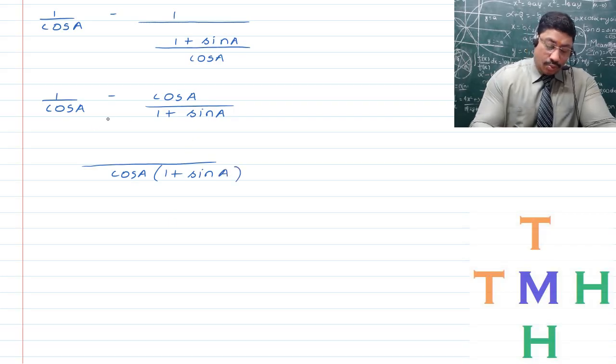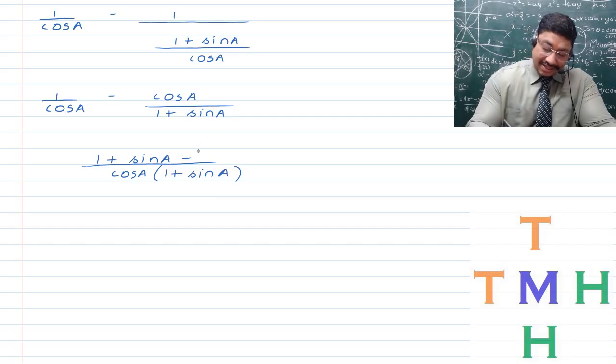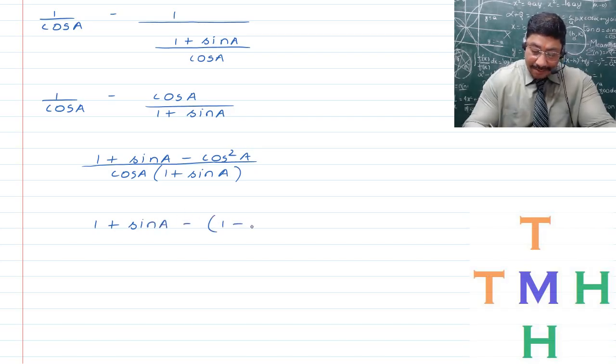And next here children, we will now have cos A dividing this LCM, which will give you 1 plus sine A. As such 1 plus sine A will come over here, and then further from it is going to be subtracted the product of cos A with cos A, as when 1 plus sine A divides this LCM, you'll be left out with cos A. So as such we will have minus cos square A, that is cos A into cos A. So now children, in the next step we can write this as 1 plus sine A, and again this cos square A can be written as 1 minus sine square A, as we wrote it above.